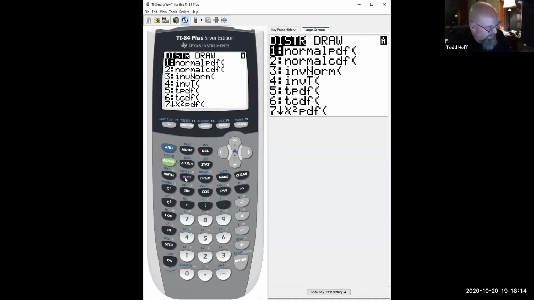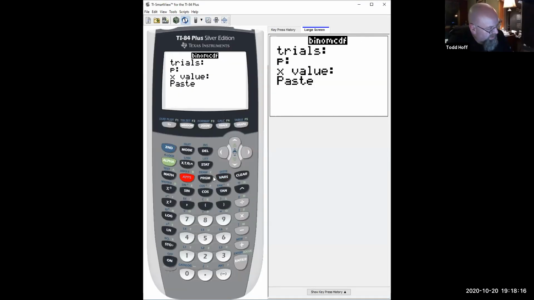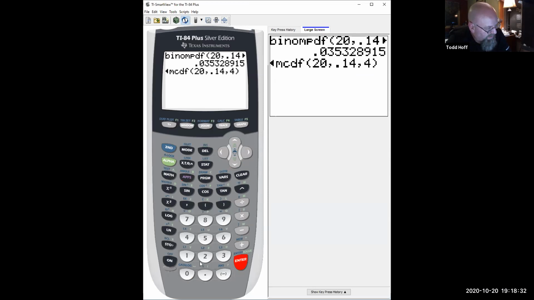So second distribution. Now it's binomial CDF we want. Still 20 trials. Probability is still 0.14. Now we haven't used these numbers in the binomial CDF, so that's why we have to re-enter them. Otherwise, it'll keep the trials and the probability in there for us. And we want to go up to 4. Now I forgot the 1 minus, so we're just going to do this.